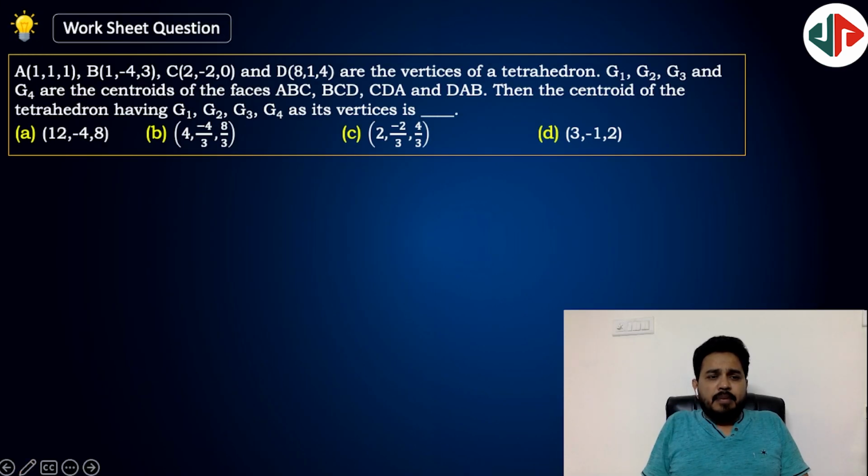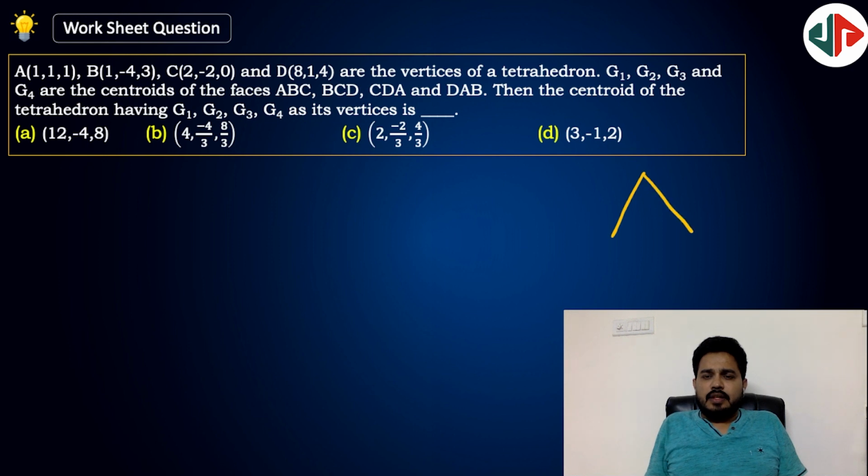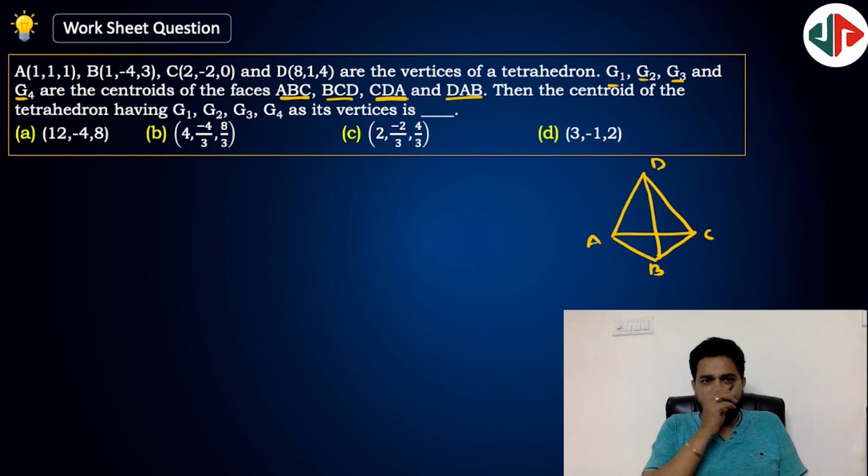If A, B, C and D, four points are given, these are the vertices of a tetrahedron. So this is a tetrahedron where you have A, B, C, and this is the point D. Now G1, G2, G3, G4 are the centroids of ABC, BCD, CDA, and DAB respectively.